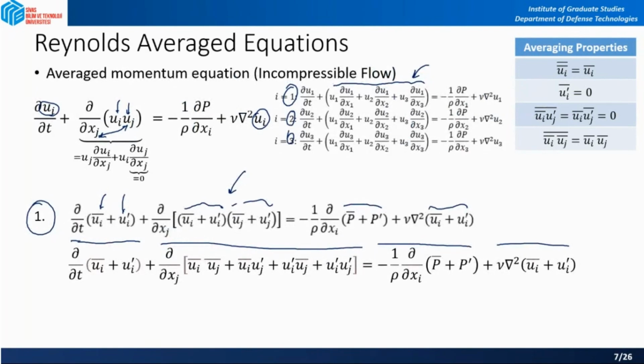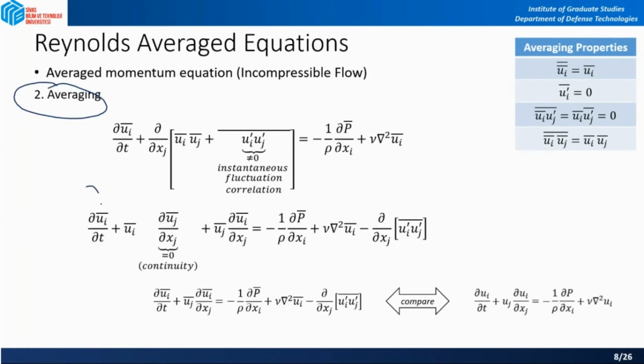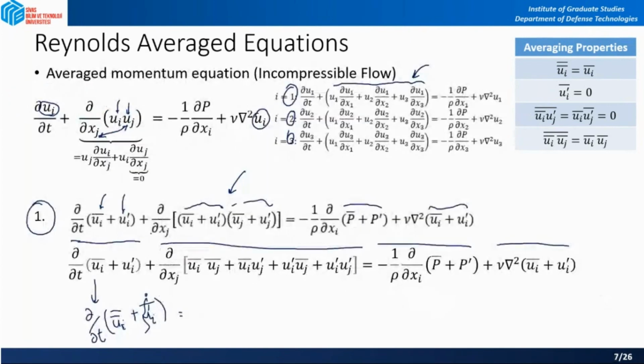So it will be d dt of ui bar bar plus ui prime bar, and this will be 0, so it will give you actually this term, for example, or this term in here. And then you have d dxj. If I go back, I have to average all of these, so this average will go on top of this, top of this, top of this, and top of this.